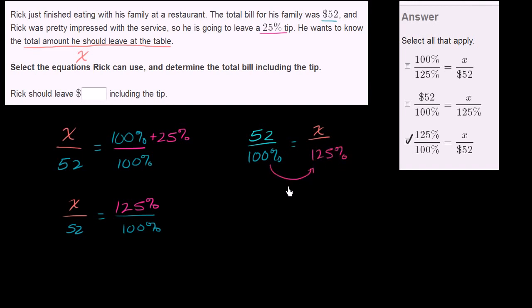So you increased this by 25%, well, you're going to have to increase this by 25% as well to get the actual amount that you're paying. So this makes sense as well.